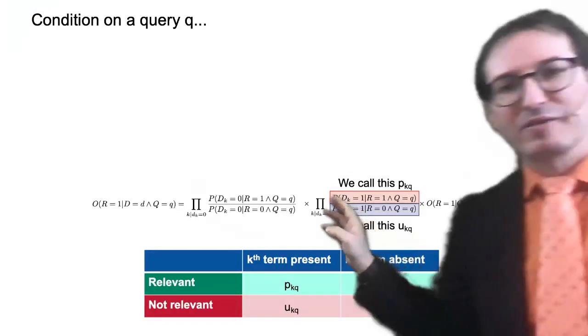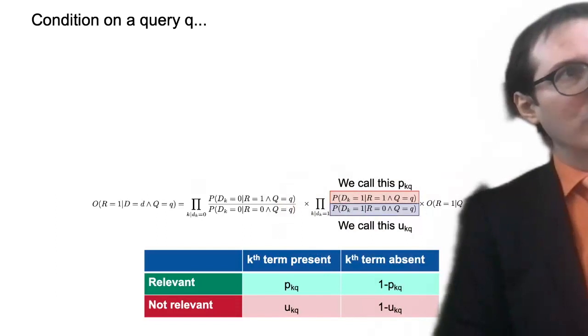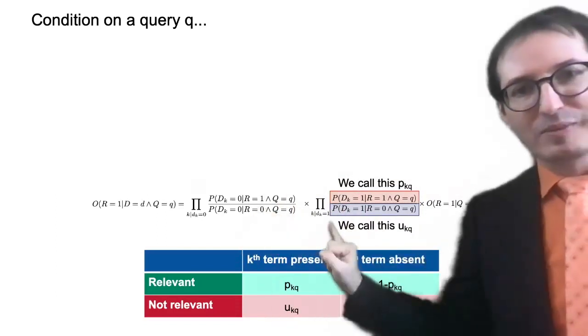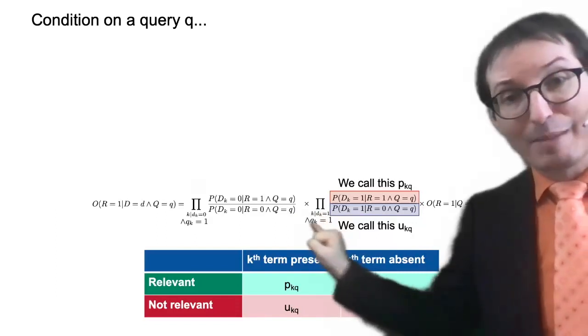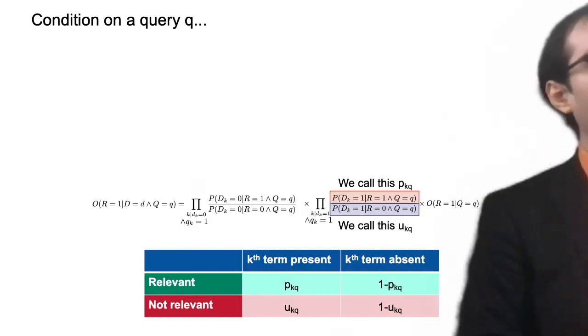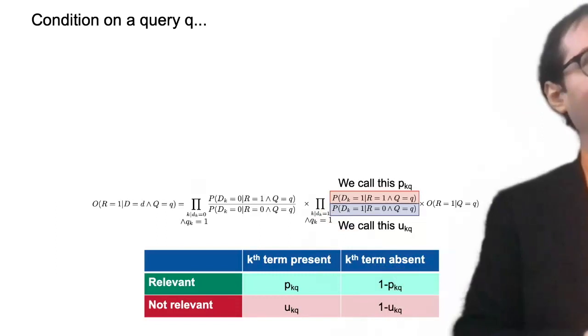So what it means is that we can take out of the product everything that's not in the query. Because for all the terms that are not in the query, the quotient is a 1. What it means is that I'm only multiplying over the terms in the query. In my case, only information and retrieval. That is a much smaller product, right?